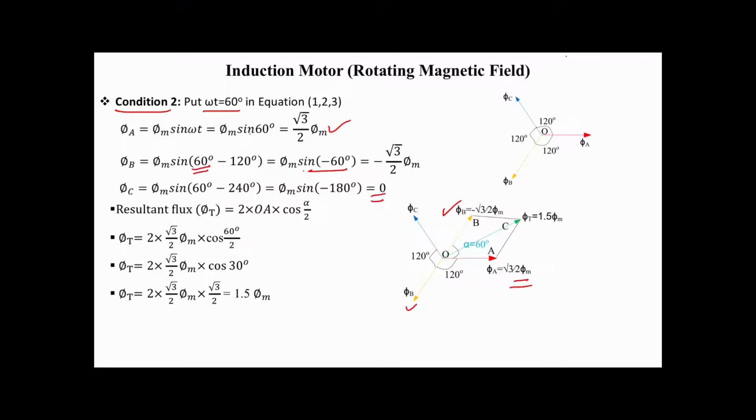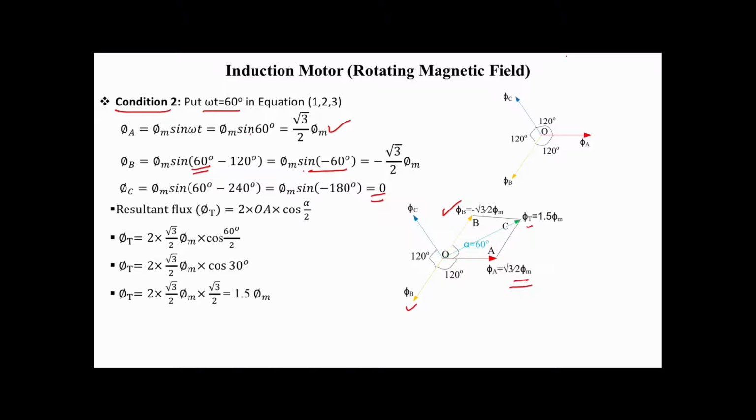Now make the phasor sum, and the resultant will be phi t. To calculate the value, phi t is equal to 2 into OA into cos alpha by 2. So phi t is equal to 2 into root 3 by 2 phi m into cos 60 by 2, which is cos 30 degree.